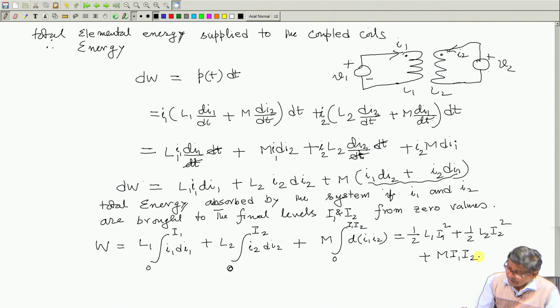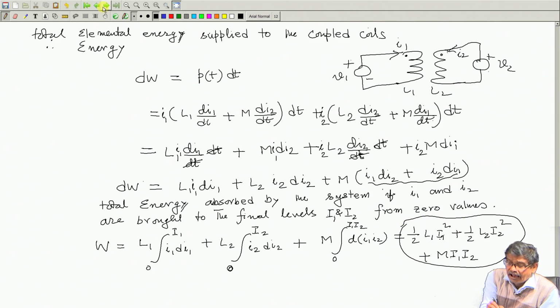In other words, after getting this, at any instant of time if I know the value of I1, I2, that may be time varying, then the energy stored in the inductor is half L1 I1 square, the second inductor will store energy half L2 I2 square, and then the energy stored because of that mutual coupling is M I1 I2, all these three will go.